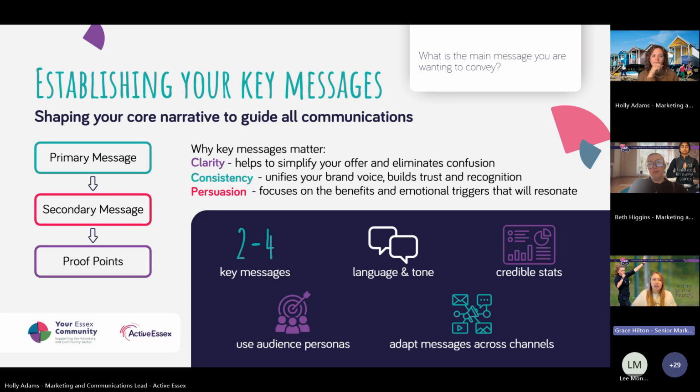This ensures relevance and maximizes impact. If you are aware of what channels you're using at the moment, you might also begin to see that each audience has a different culture. And again, we'll go into this in a little bit more detail further on, because you might be talking about the same thing, but you might just need to adapt that wording slightly to make it relevant for each channel.